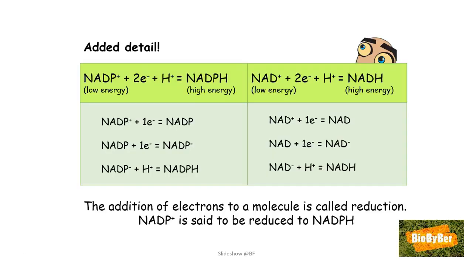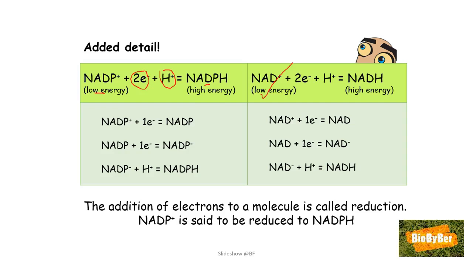Now, for those of you who like the detail, we have NADP+, which is a low energy molecule, picking up 2 electrons and a H+, becoming the high energy NADPH. It will be the same with NAD+, which takes part in respiration that we're not really too interested in today.